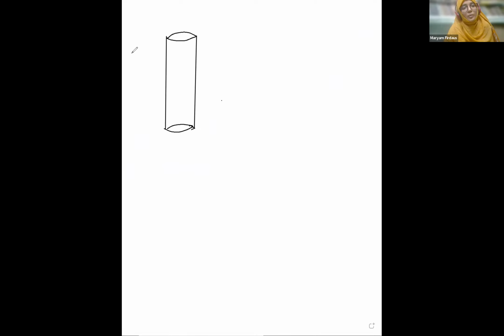Now you are throwing light from here. So what shape will you get? It will be a rectangle, right? I'm showing it from a perspective, that's why it doesn't look like a rectangle. But if you see it from in front of the object, it will be the shape of a rectangle. But let's say your cylindrical object is shaped like this.